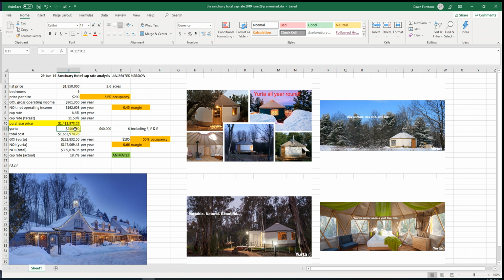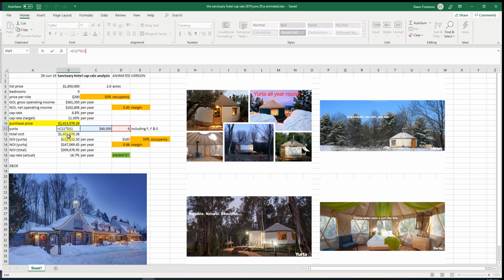And it costs about $40,000, and the $40,000 is not for the yurt. The yurts are much less expensive than that, but you have to build a deck. You have to furnish them. You have to put a wood stove or a propane stove or a natural gas stove inside for some source of heating. So I'm estimating about $40,000 all in. So if you bought 6 of them, it's very simple to see. That would be 6 times 40,000.